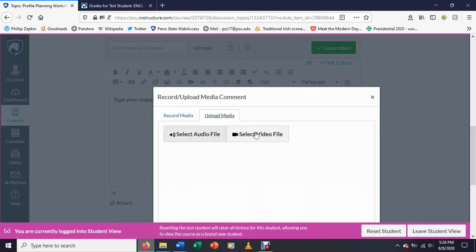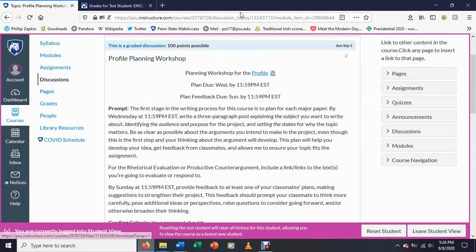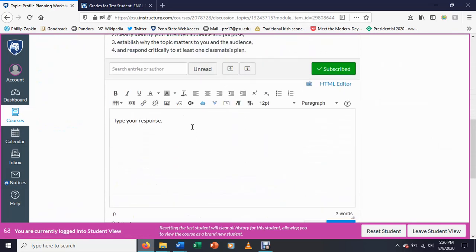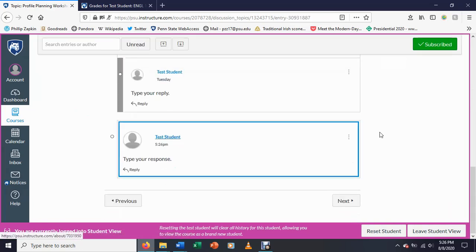But you can also upload a video if you recorded a video response to a discussion post or a workshop post. So that's another option that you have, although almost no one ever does that. But you type your response or upload your video or whatever it is, copy paste your response, and then click post reply. So that's now posted.